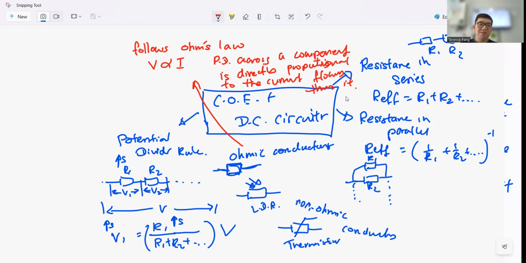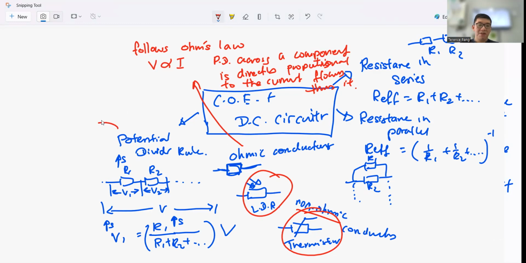So if you're non-ohmic, it means you do not obey Ohm's law. I will leave it up to you to fill in the properties of the LDR and thermistor. I'm not going to give you everything. You have to walk through it on your own. Refer to your notes.